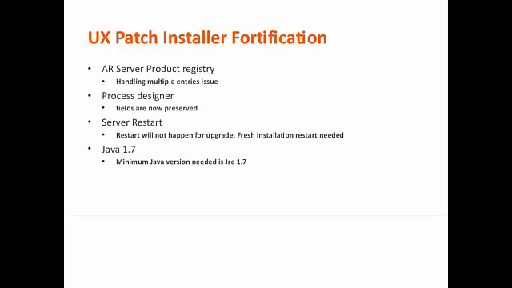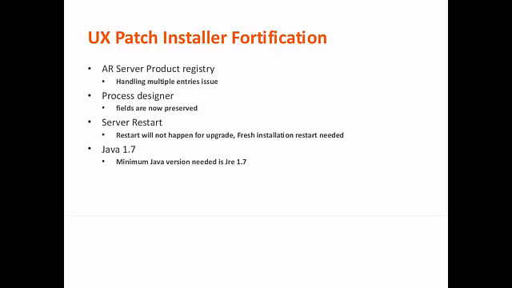In Smart IT 1.0, if you had installed a process designer and after that installed a UX patch, some of the fields of the process designer were getting overwritten. This issue is now fixed in 1.0 SP1, and if you have process designer installed previously, those fields will be retained as they are and will not get overwritten.